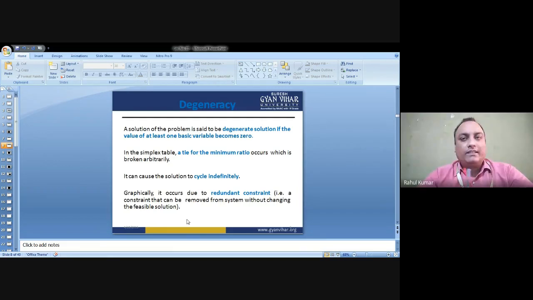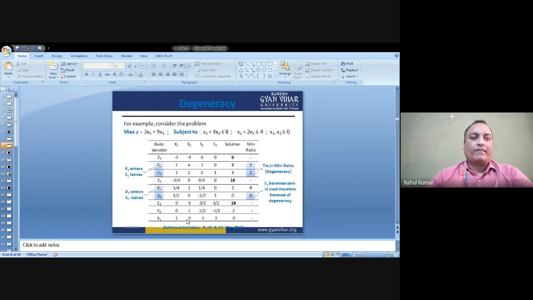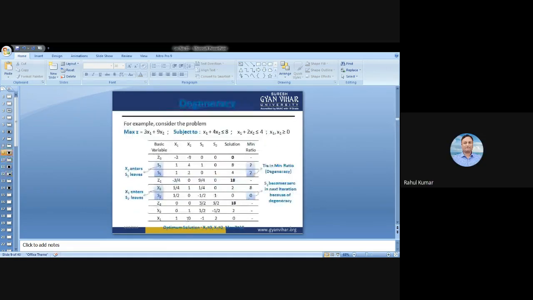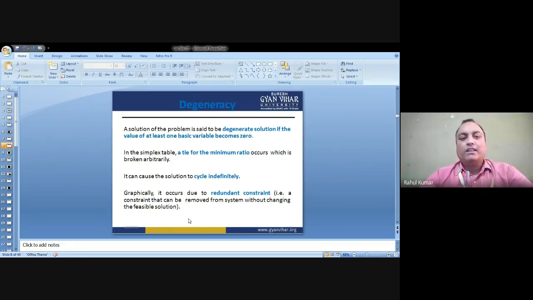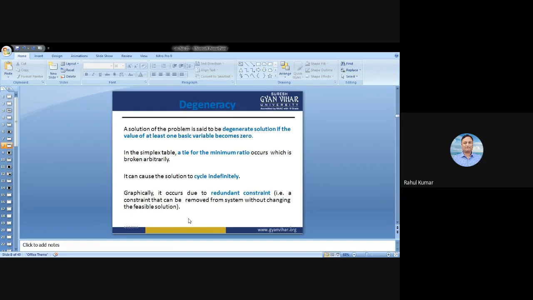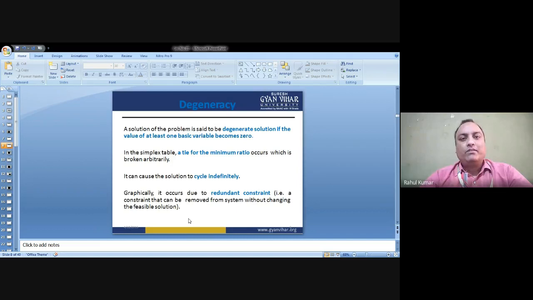For the degeneracy problem, a solution of the problem is said to be a degenerate solution if the value of at least one basic variable becomes 0, and in the simplex table a tie for the minimum ratio occurs which is broken arbitrarily.